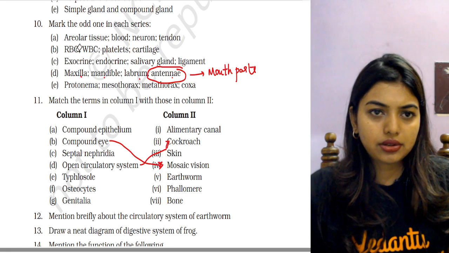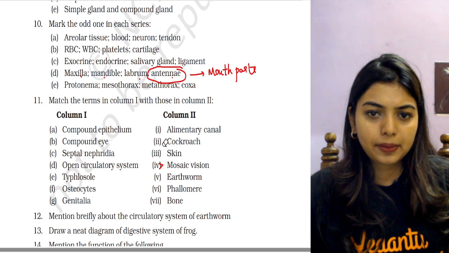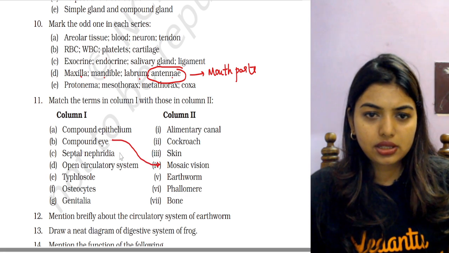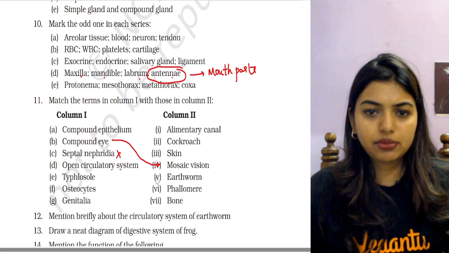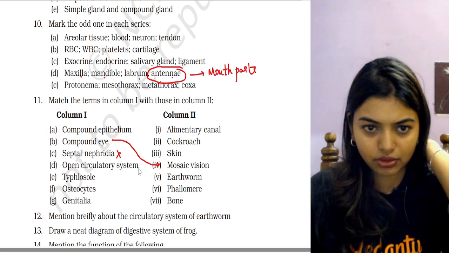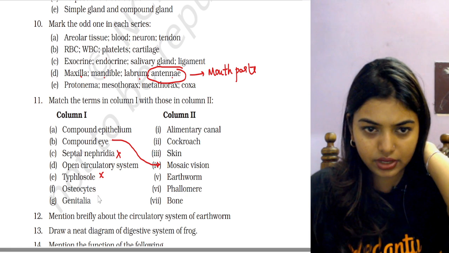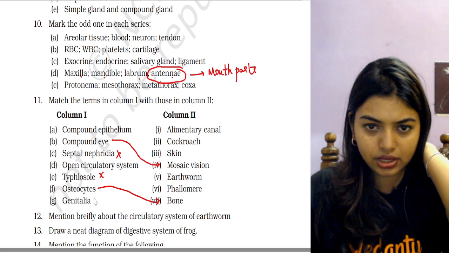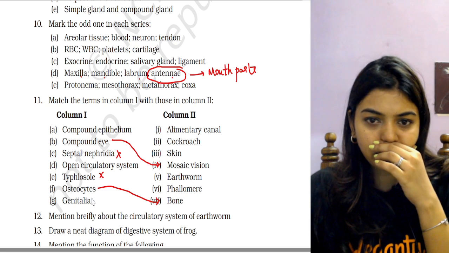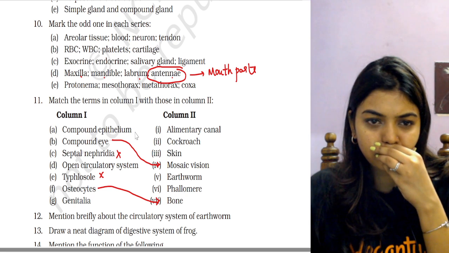Here compound eyes is going to be mosaic vision. This we don't have. Compound epithelium, you don't have to worry. This also don't worry. Osteocytes is in bones. Genitalia.